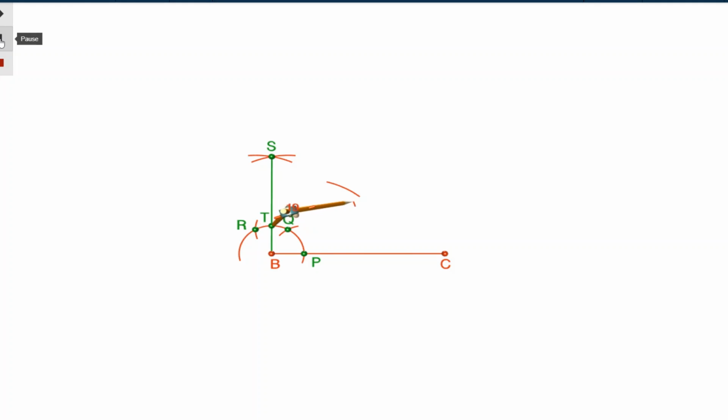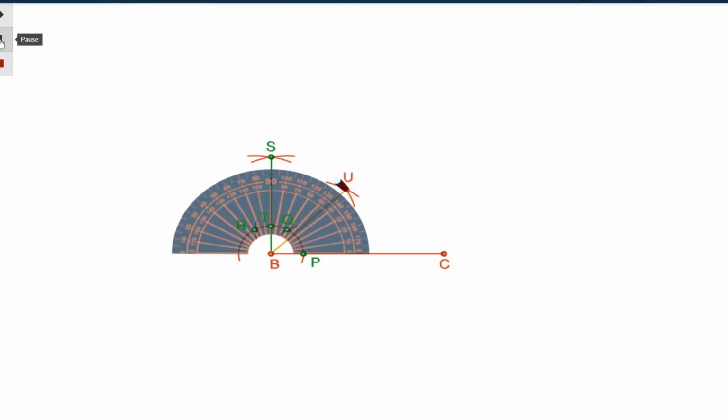So with P and T as centers and the same radius, draw two arcs which cross each other. Name it U, then join BU. So the BU line bisects arc PT.